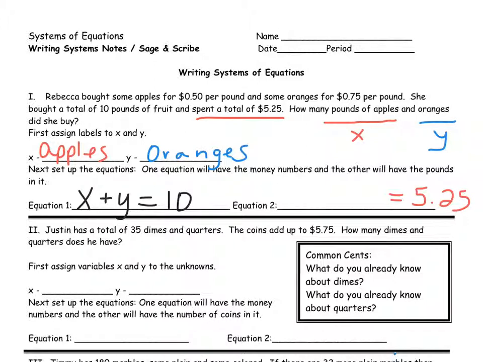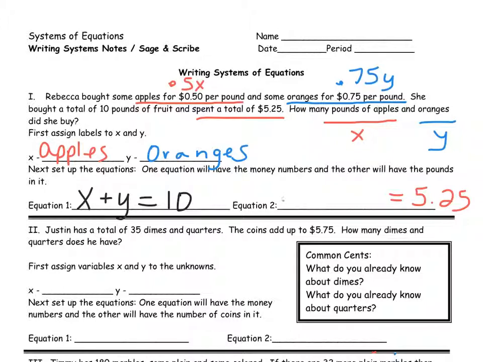We also know that apples were 50 cents a pound, so that would be 0.5x. And we know that oranges were 75 cents a pound, so 0.75y.